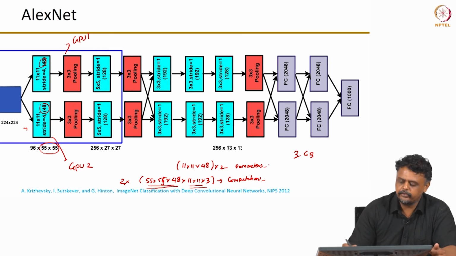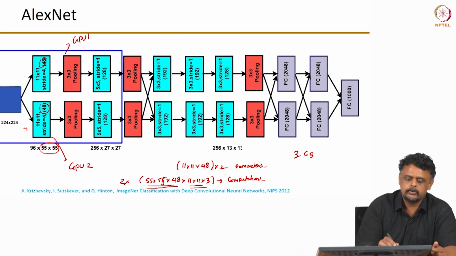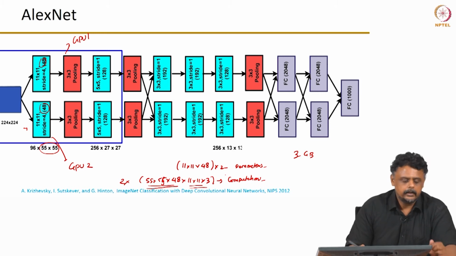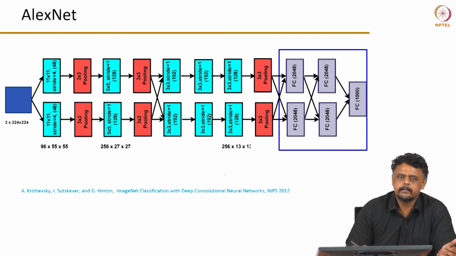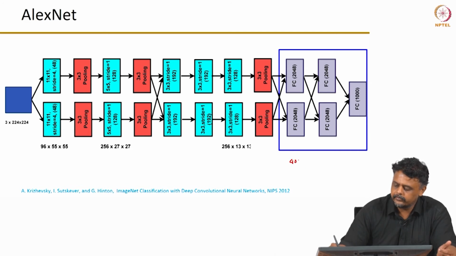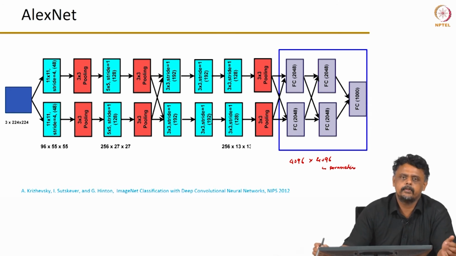And the number of parameters, you see, is quite less in the initial layers. If you go to the final layers, as I showed in the earlier slides, at least between the 2 fully connected layers you can calculate it. It is 4096 times 4096, this is the number of parameters. That is your weight matrix for a fully connected layer, which is how you would calculate it for a regular artificial neural network.